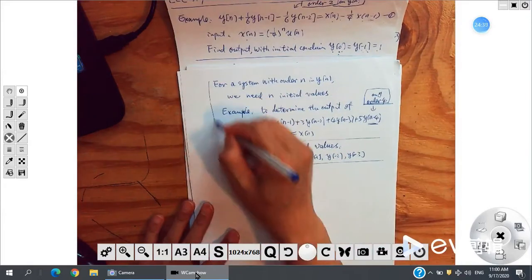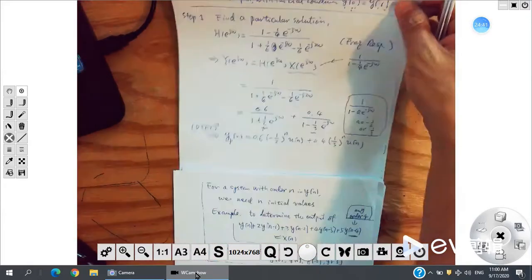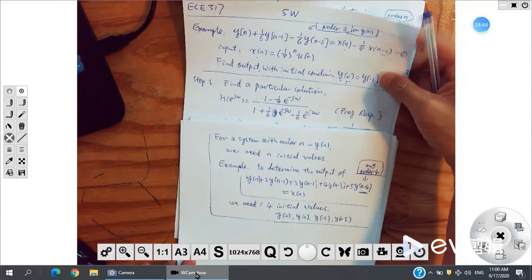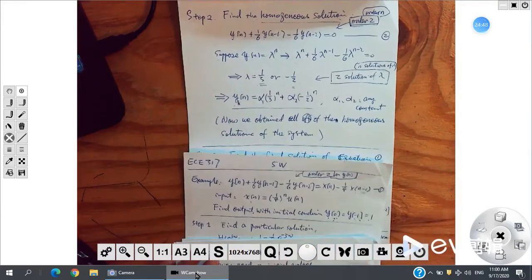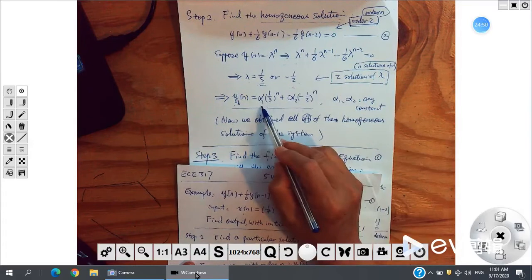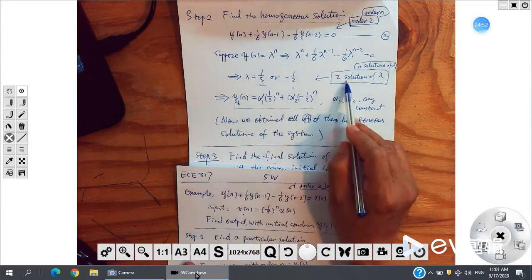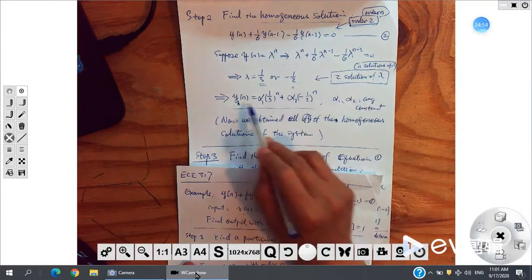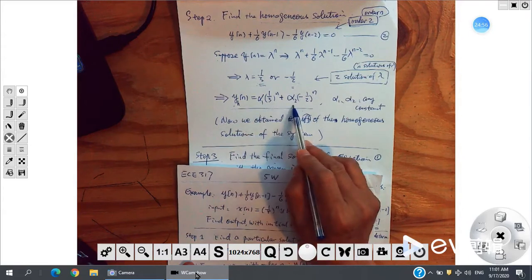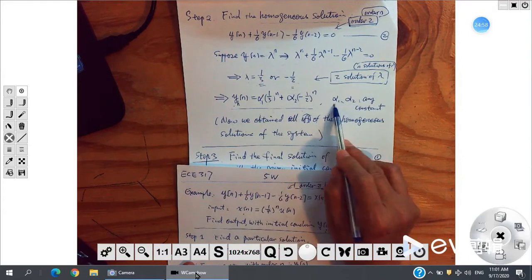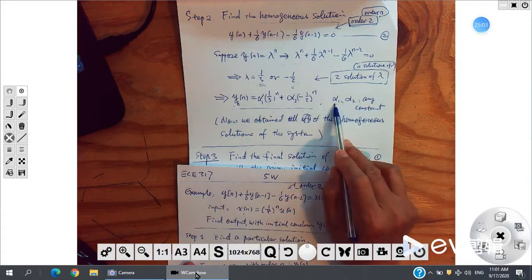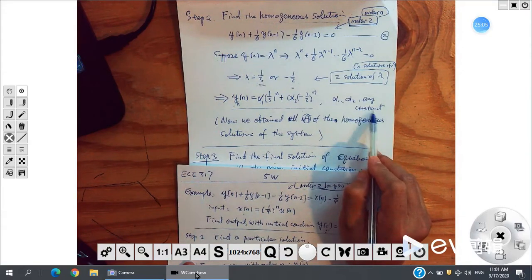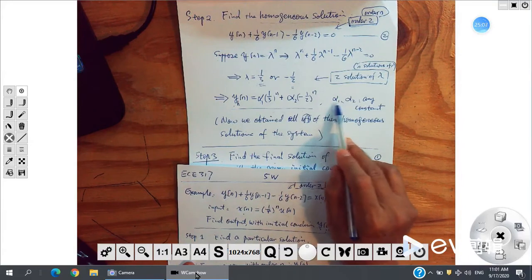And also, for the homogeneous solution, you see, we have 2 solutions for lambda, so the homogeneous solution looks like this. We have 2 unknown constants, or we say 2 free constants, right? Free coefficients. They could be any value. They are free, right?